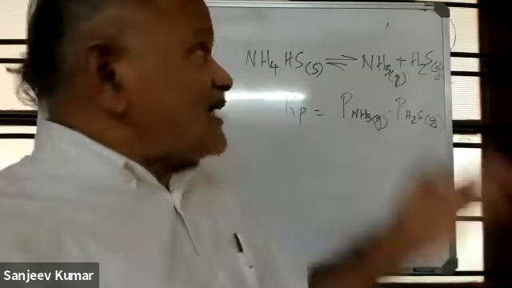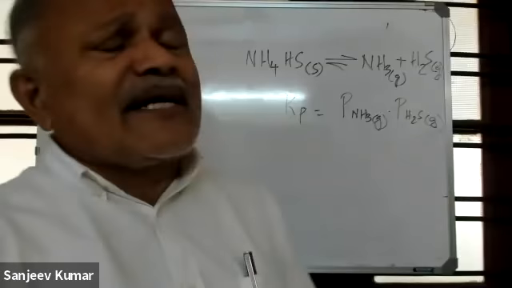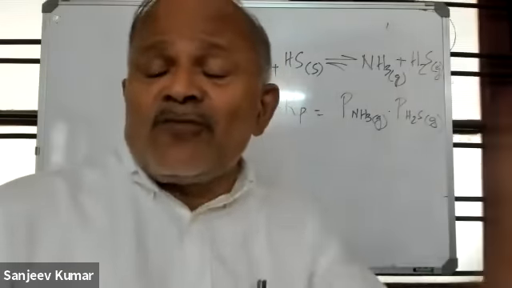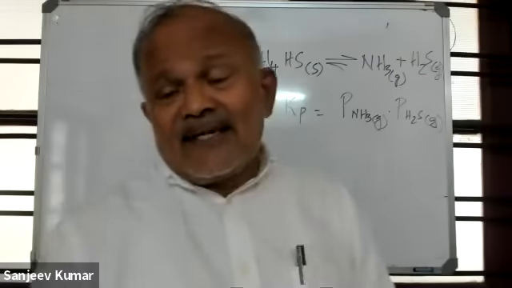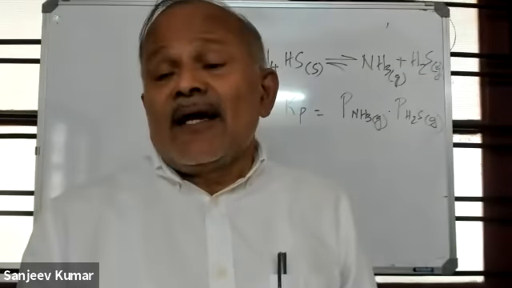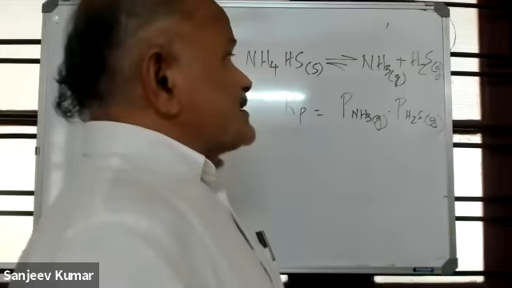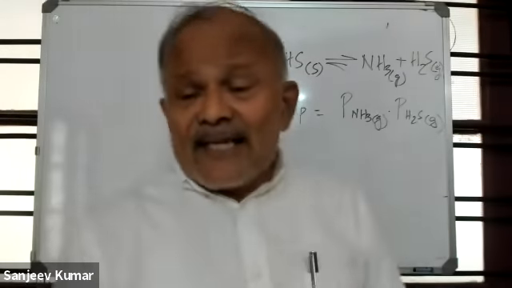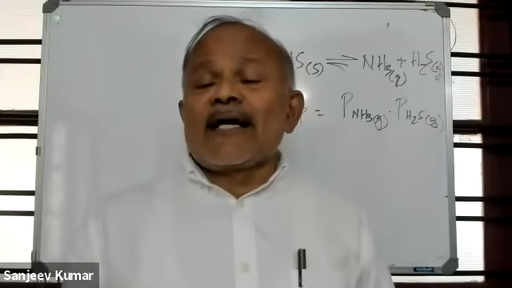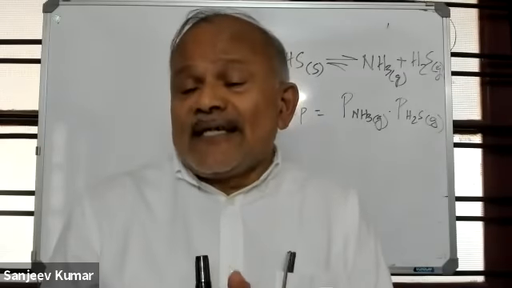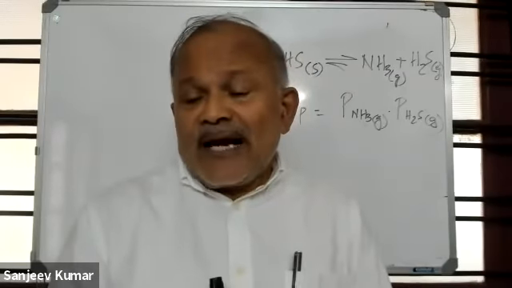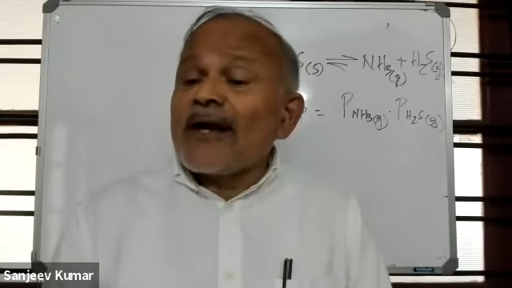That means if x mole of ammonium hydrogen sulfide decomposes, you get x mole of ammonia gas and x mole of hydrogen sulfide gas. Equal amounts of hydrogen sulfide and ammonia gas are obtained, so their molar ratio is 1:1. Therefore, the mole fraction of ammonia is 1/2 and that of hydrogen sulfide is also 1/2.